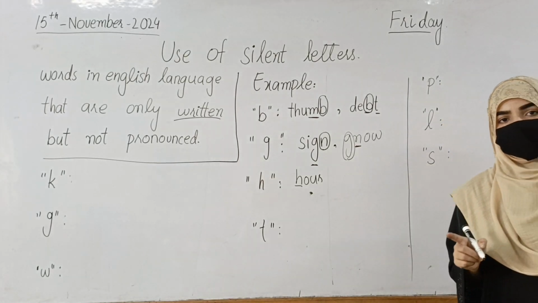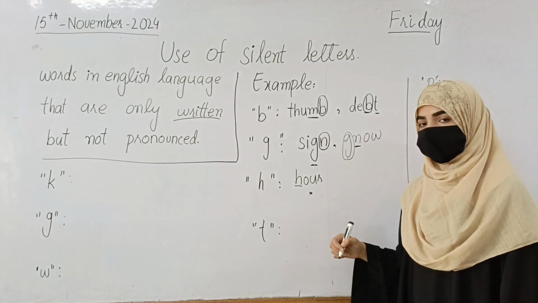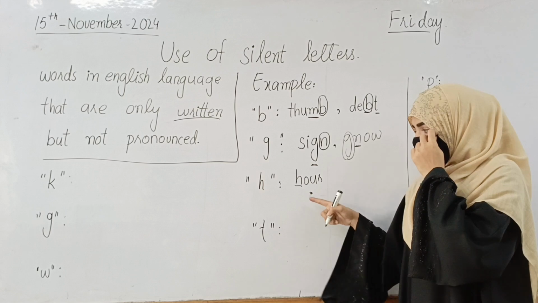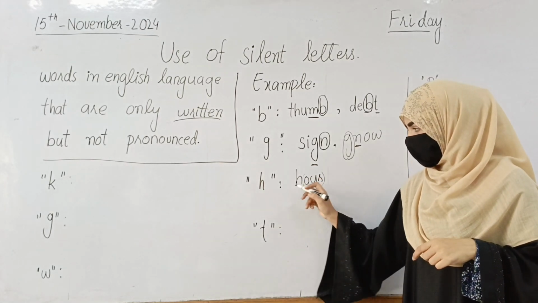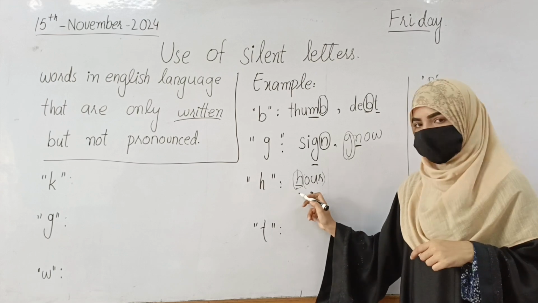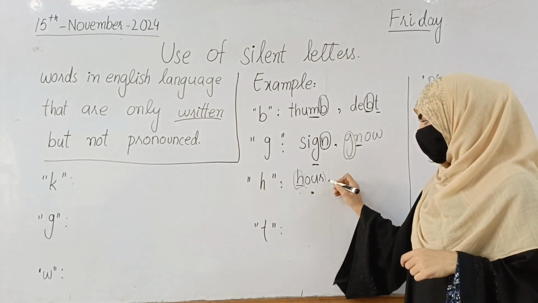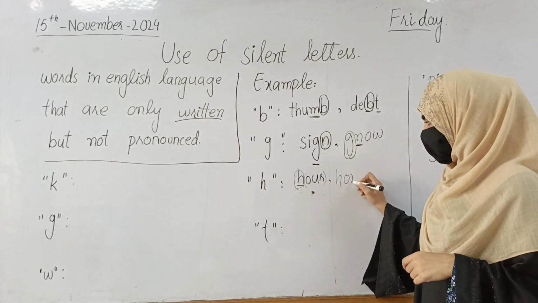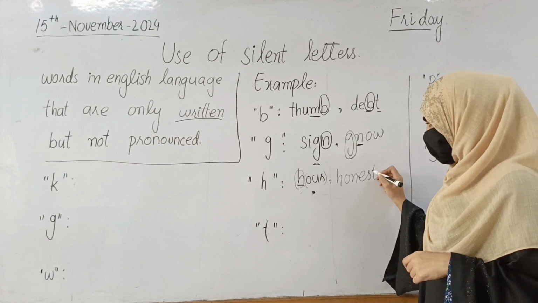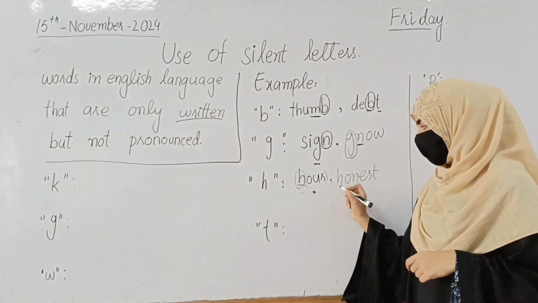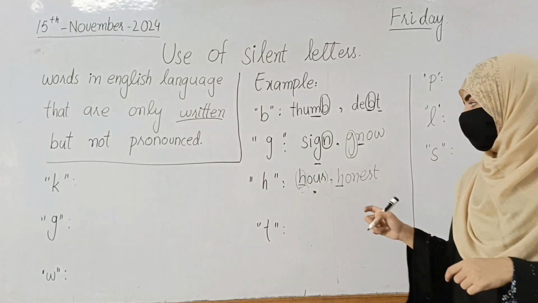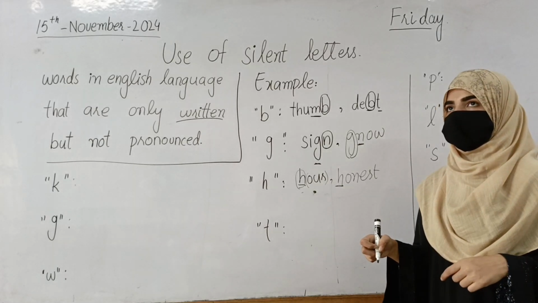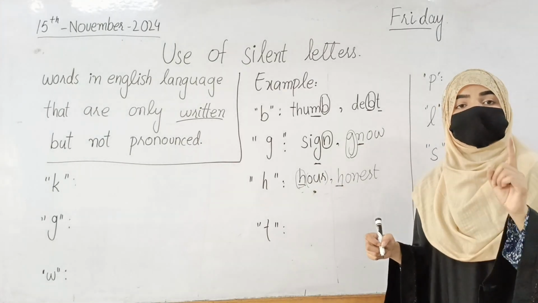No one in the class will be pronouncing it that way; you need to pronounce it as "our". So we can see H is silent in the beginning. We will take another example, honest. As we say, honesty is the best policy. Honest means imandar. H is silent in the beginning.